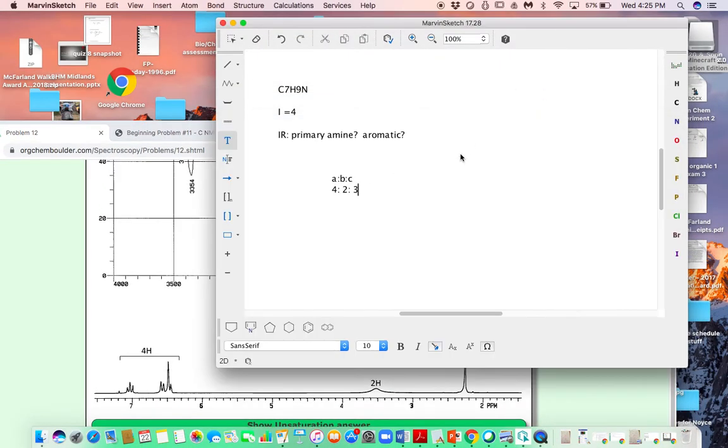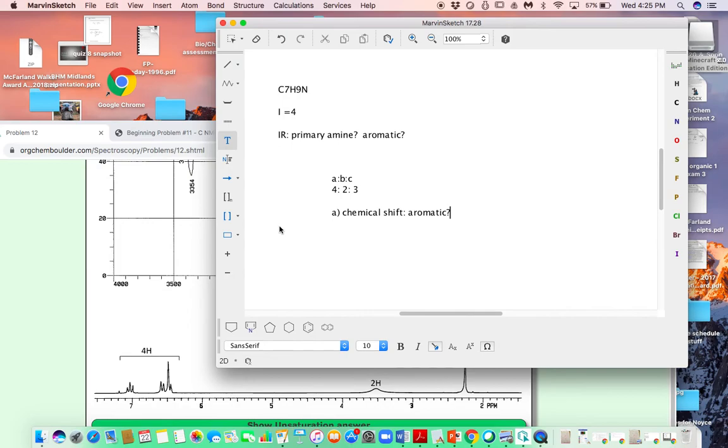Anytime you see a cluster of signals in a chemical shift range of about 6.5 to 8, that usually indicates aromatic H's. All right? That means H's directly attached to aromatic rings. A lot of times, not always, but a lot of times the machine will have trouble individualizing different types of aromatics on a particular ring.